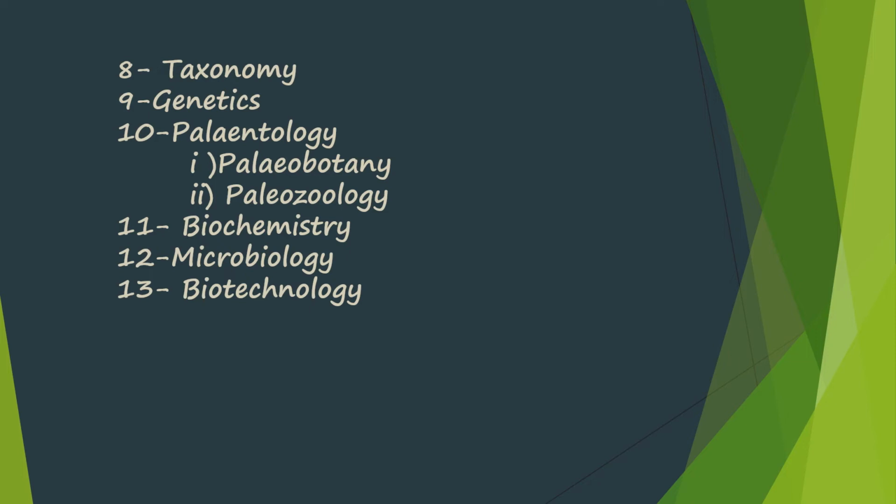Paleontology is the study of fossils. Fossils are the remains or the leftovers of the animals and plants which were present in the remote past, like the remains of the dinosaurs tell us the history of the dinosaurs, their living styles, their mode of nutrition, and all that. So paleobotany deals with the ancient plants, and paleozoology deals with the animals living thousands of years ago.